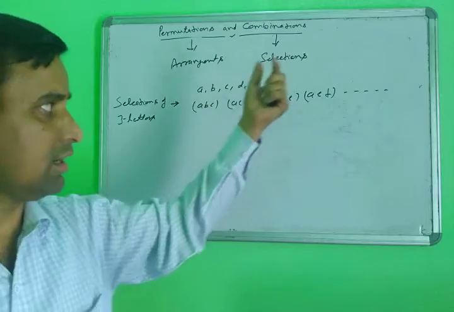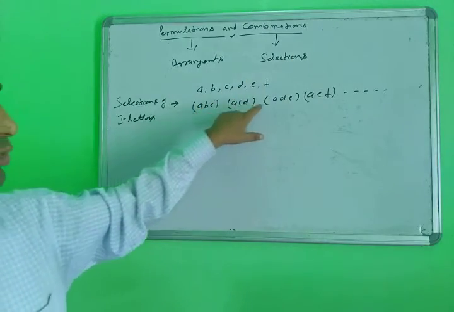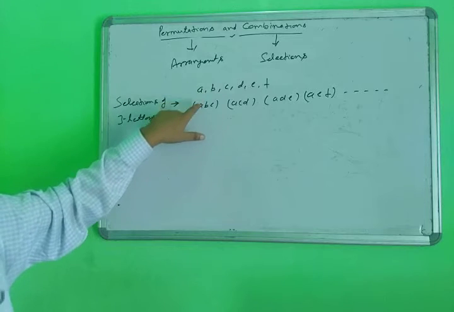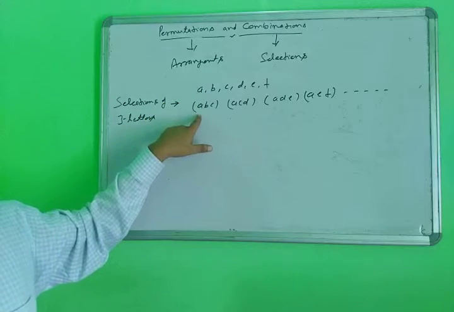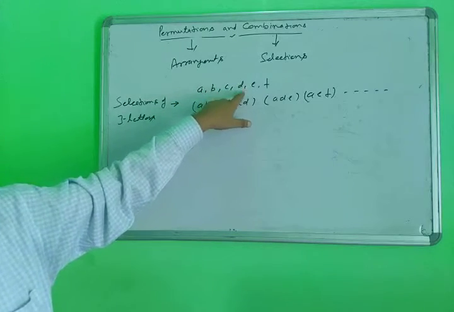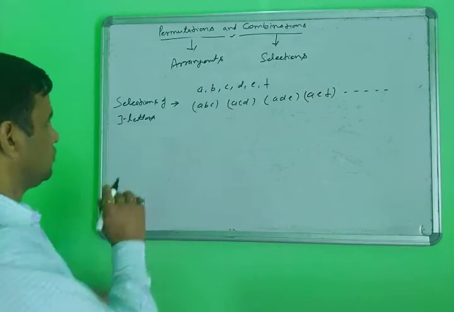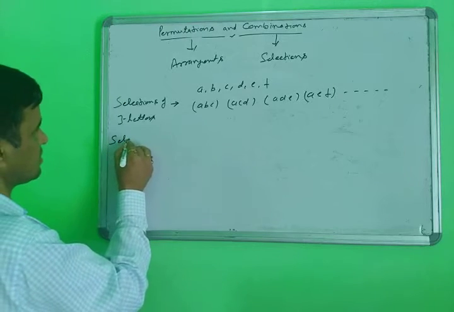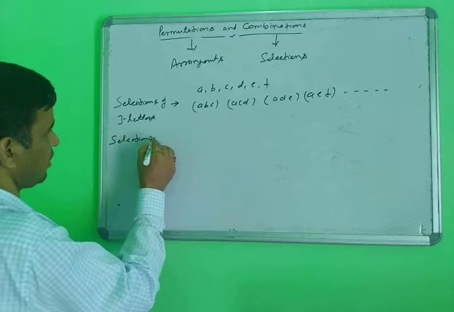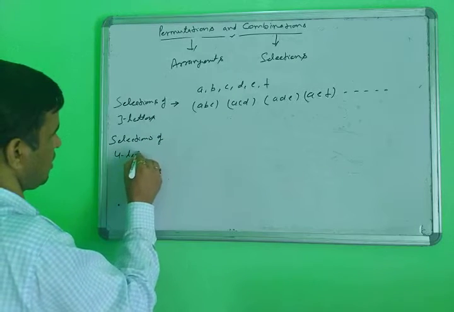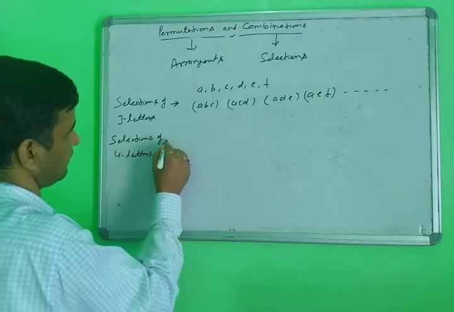For example, taking 4 letters, A, B, C, D: how many selections of 4 letters are there?